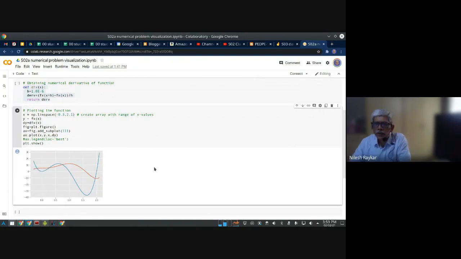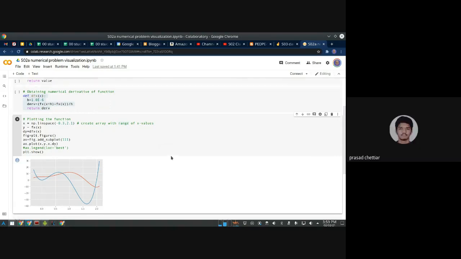I don't want you to write it from scratch, although it helps, but you may not have time to do that in the running semester. If you have time and interest, then it is desirable. But otherwise, just to get a plot, you can copy ready-made code and paste it in your code. That is allowed. Okay, fine, sir.